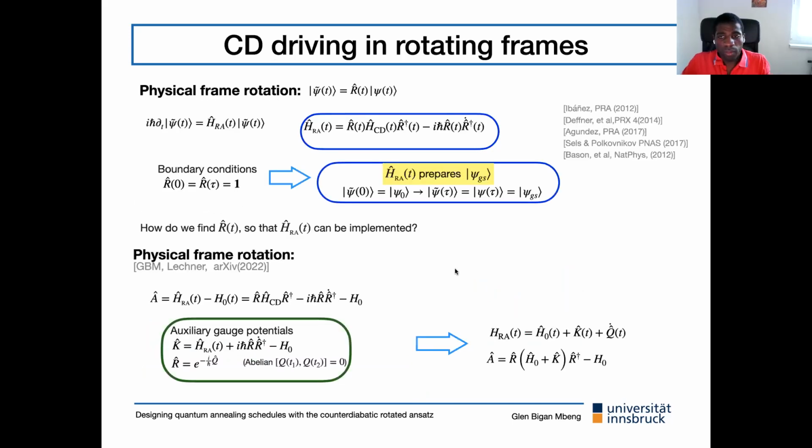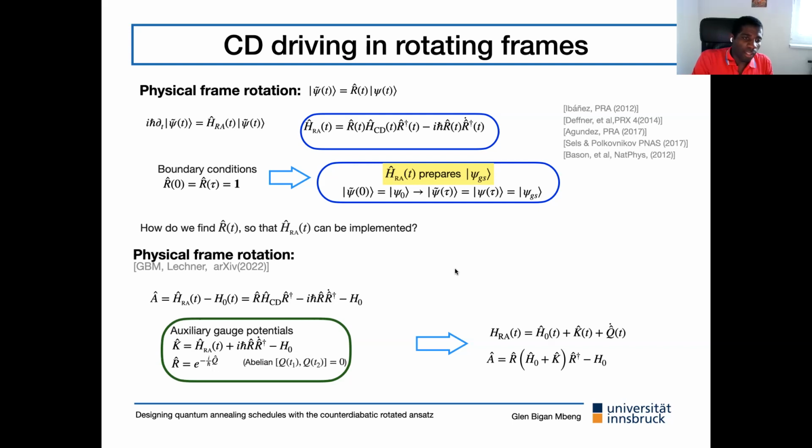So to try to simplify the Hamiltonian, we considered this approach, and one can consider a physical frame rotation, here denoted by R. Essentially, we want to see what the dynamics is in a rotated frame, which is not the lab frame.